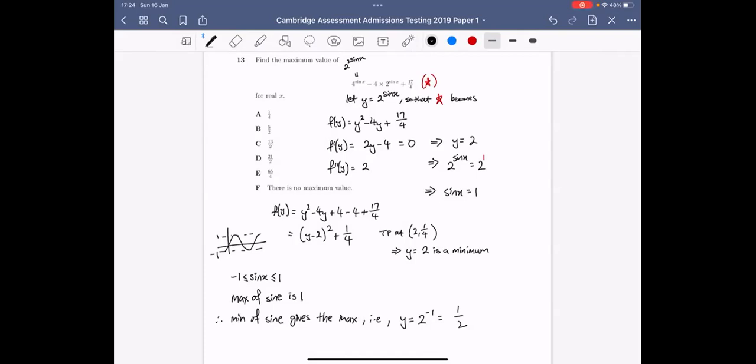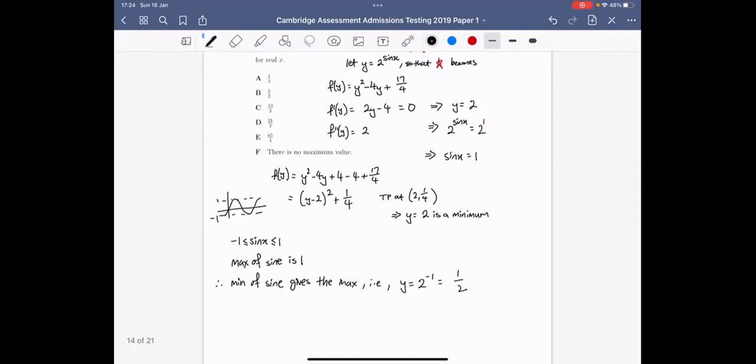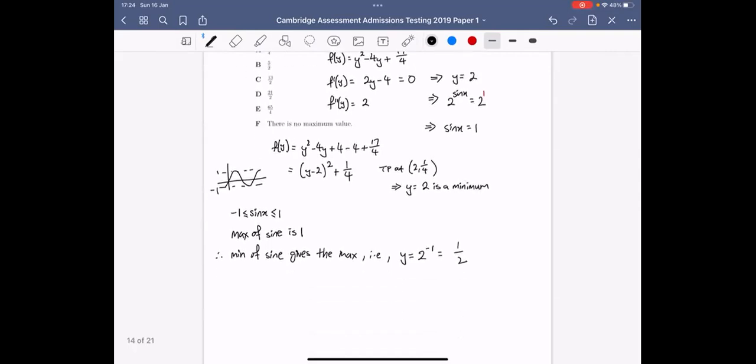Or maybe I just substitute back, I guess. So that means f of a half is, I'll do it, a quarter squared minus 4 times a quarter plus 17 on 4. That is a quarter minus 2 plus 17 on 4.